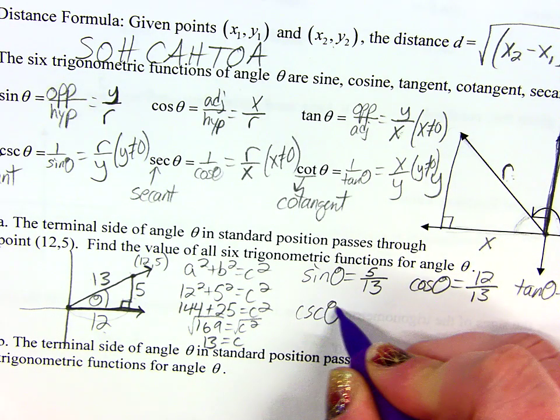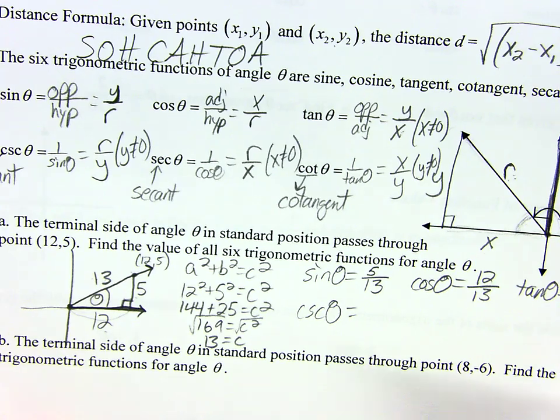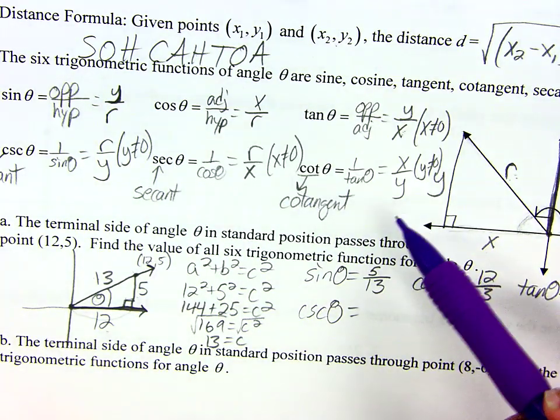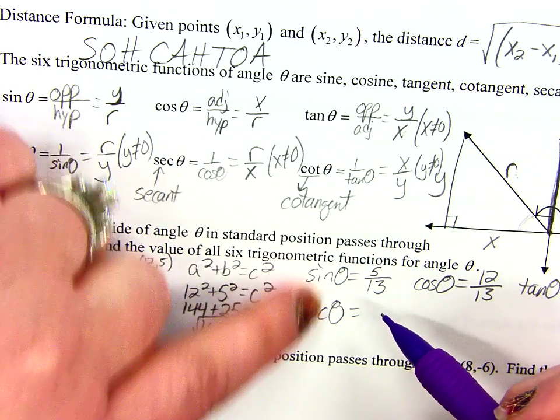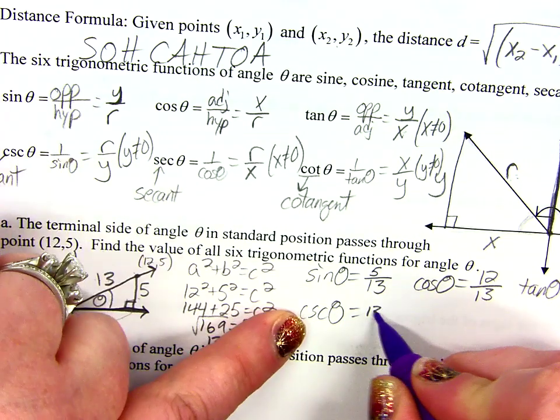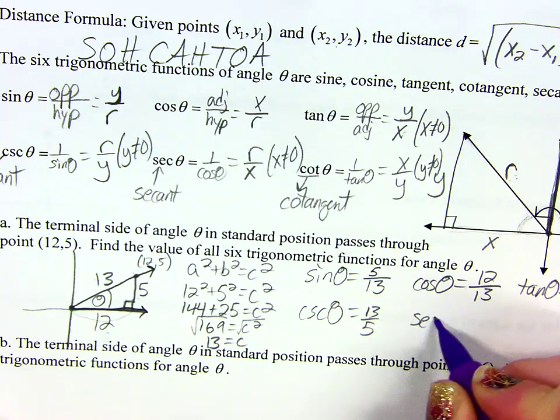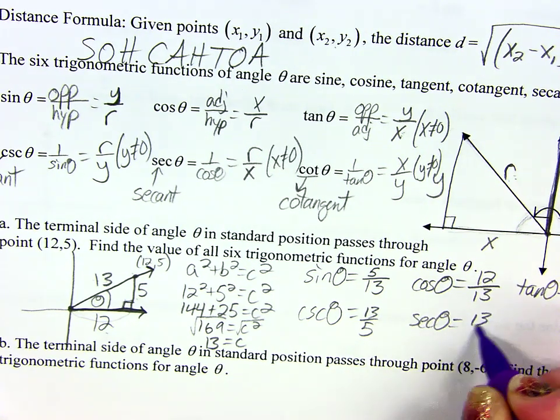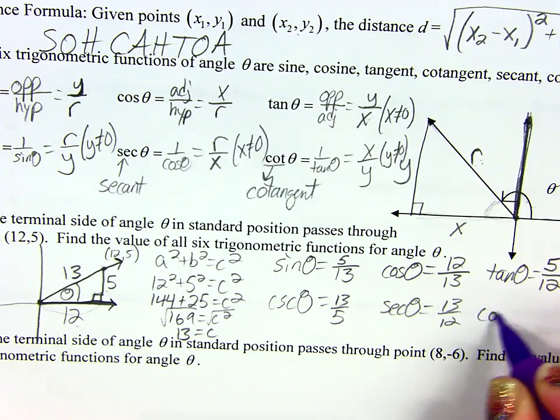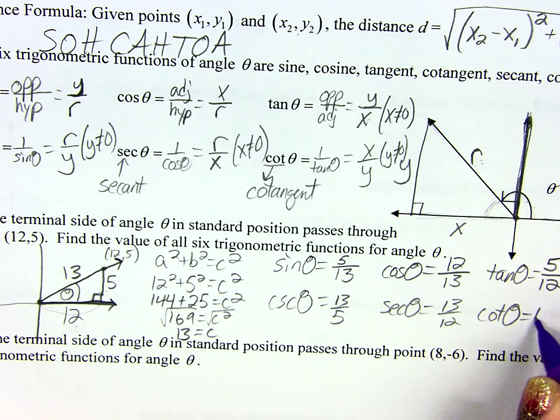Cosecant, I don't even really have to look up at my list. If I know that it's just the reciprocal of sine, isn't it just 13 over 5? I don't even really have to do the work out. Secant would just be 13 over 12. And cotangent, 12 over 5.